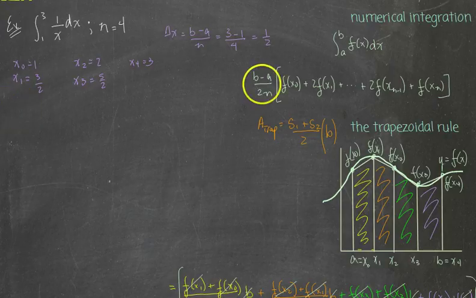Now let's put together the formula for the trapezoidal rule.